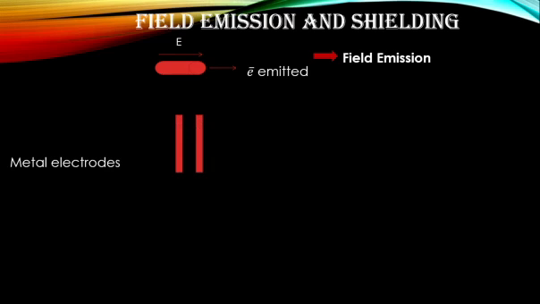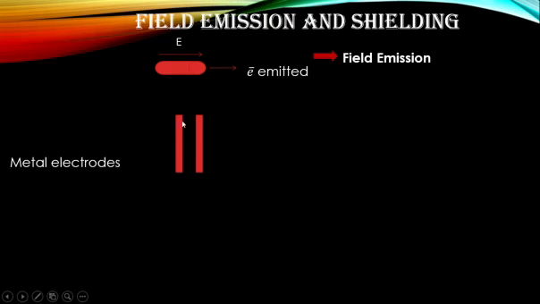If a carbon nanotube is supplied with an electric field along the axis, it will emit electrons. This is called field emission, and we make use of this property in the construction of display units.